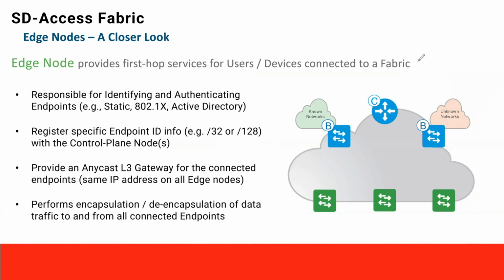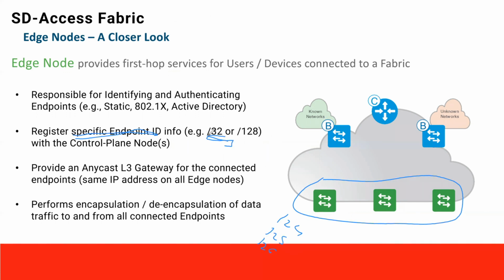Yeah, we were on the edge nodes. These are the edge nodes connecting the endpoints. Now in SD fabric, when any endpoint connects, it's a direct /32 entry, which means that the specific endpoint ID information is stored and not on the basis of a subnet like /24, /25, /26.